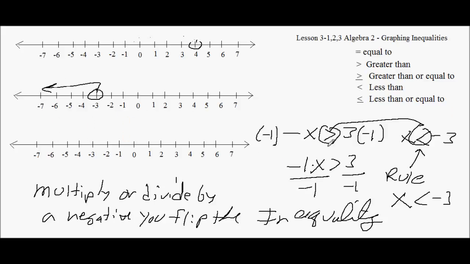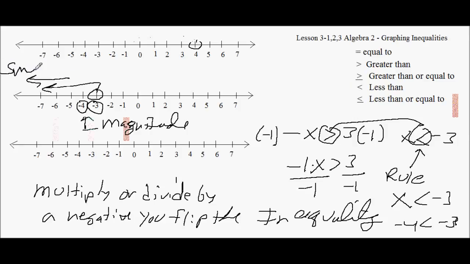And then you could think about it. If I put -4 in here, is -4 less than -3? Yes, it is. -4 is a number that's less than -3. Its magnitude is bigger, and this is interesting. The magnitude of -4 is bigger. There's more negatives than -3, but it's considered a smaller number, because smaller is to the left.